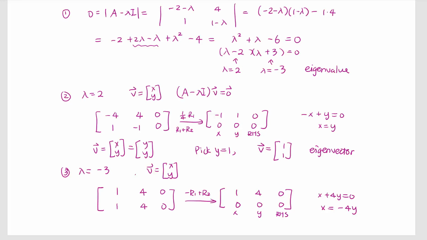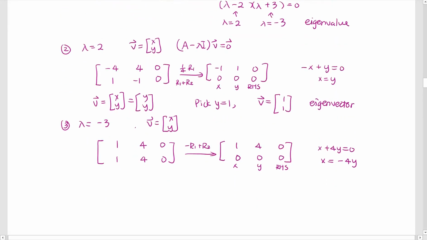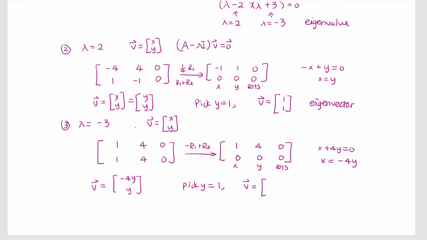Okay, so v is then x is negative 4y, y. Well, we can pick y to be 1. Then v is negative 4, 1. This is the eigenvector associated with the eigenvalue lambda equals negative 3.